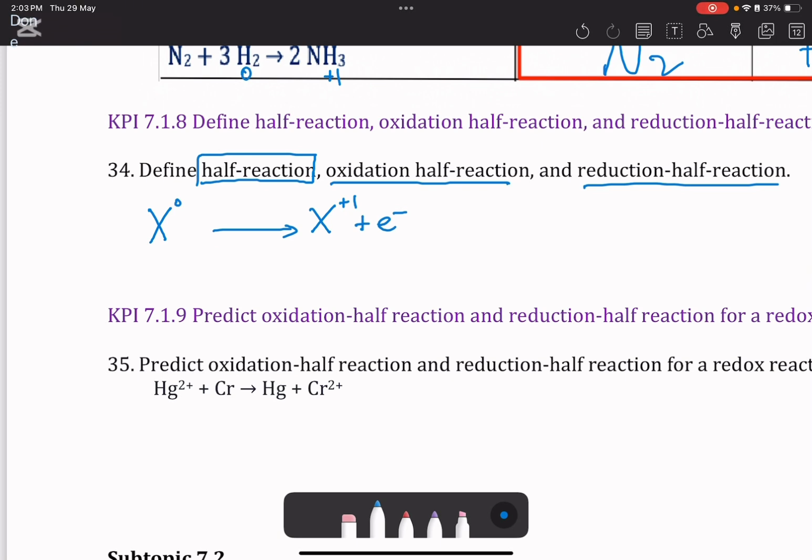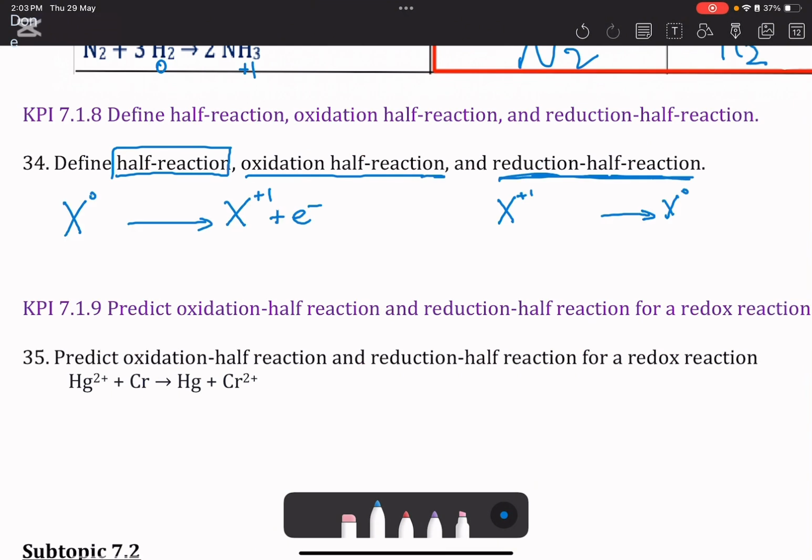So the definition of oxidation half reaction: it's a half equation, a half reaction showing an increase in the oxidation number, or you can say showing how a species is losing electrons. Reduction is completely the opposite. If I have X plus turning into X, the oxidation number is getting reduced.